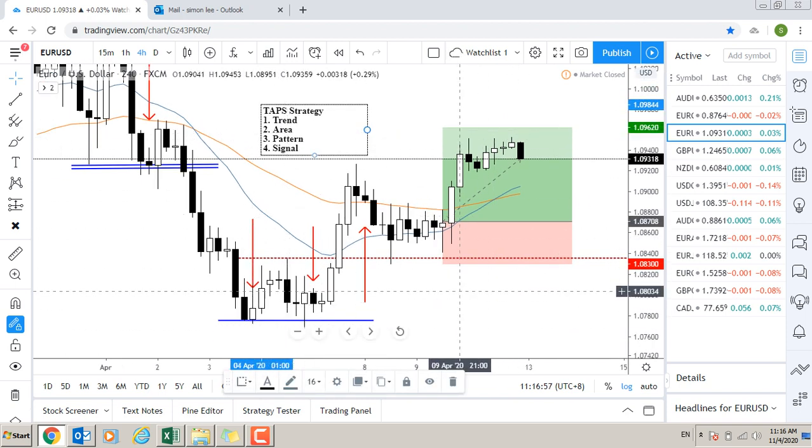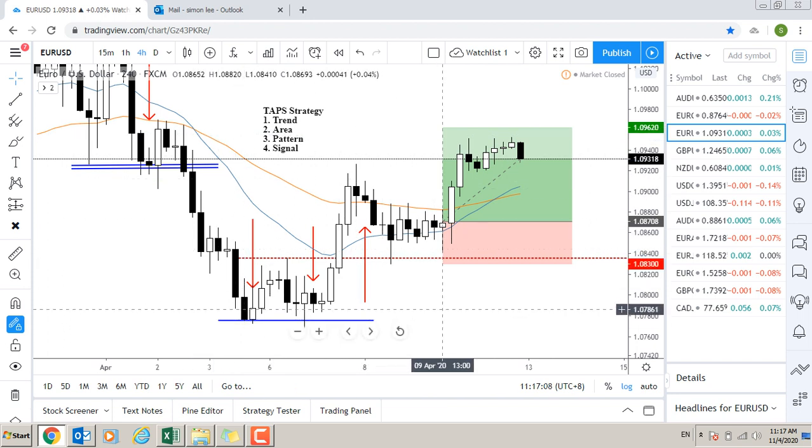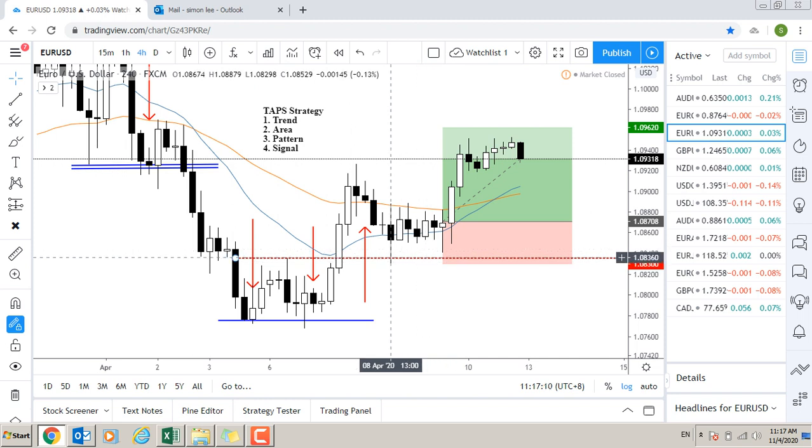Previously, when I talked about areas, areas can be horizontal, a trend line, or an EMA. So for this example, even though the price doesn't reject the horizontal support level that I drew, we can see the EMA 20, where I put in 20 and 50 for 4 hours.